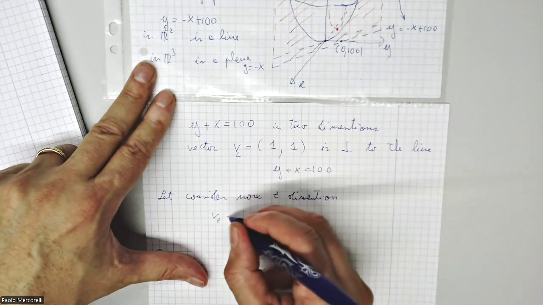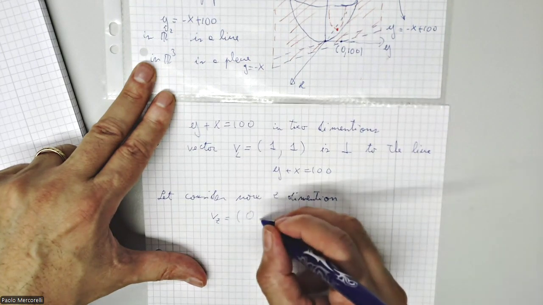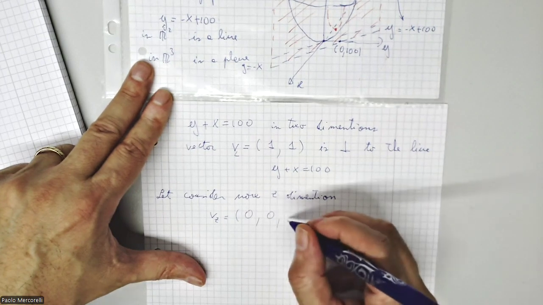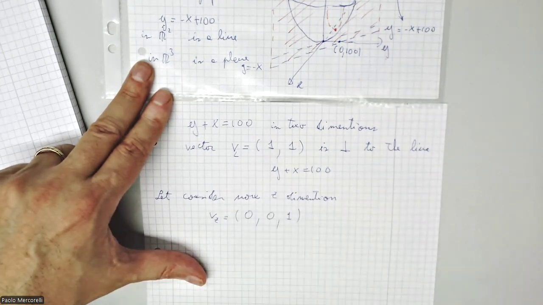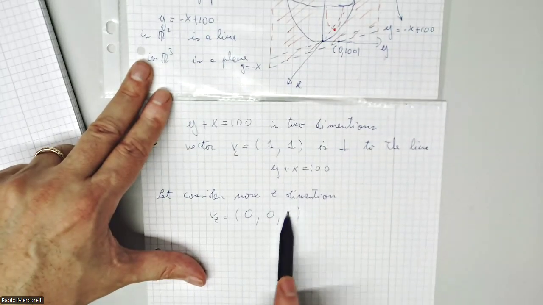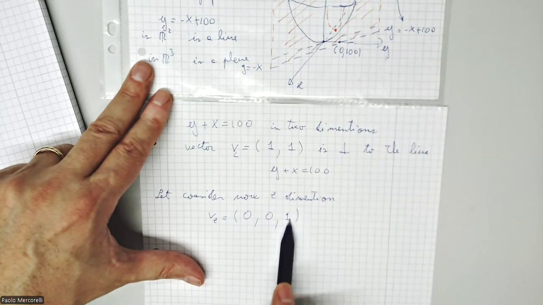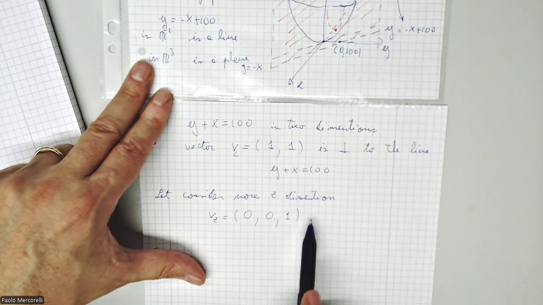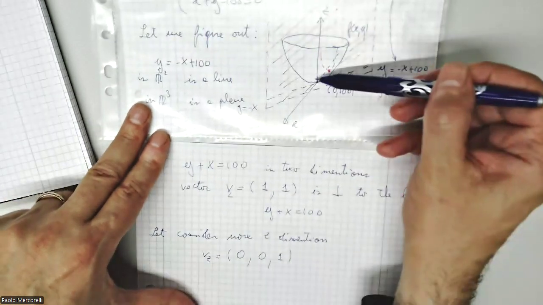Vector Z is characterized by 0, 0, let me say 1. The direction of Z could also be any kind of element in this position, but let me consider the unit vector which characterizes this direction.